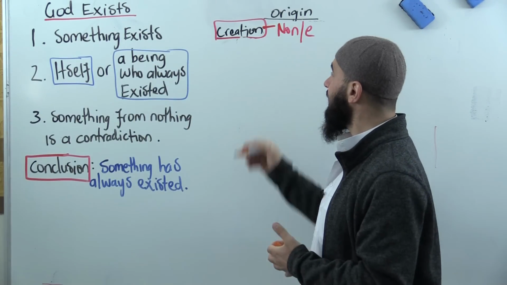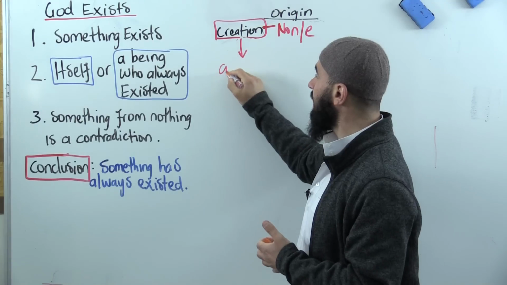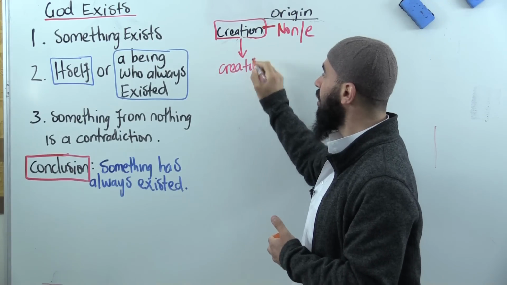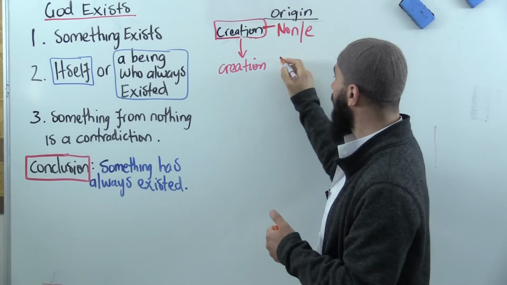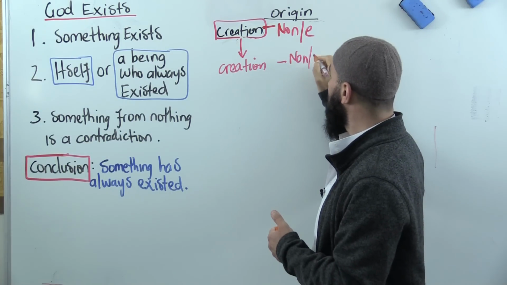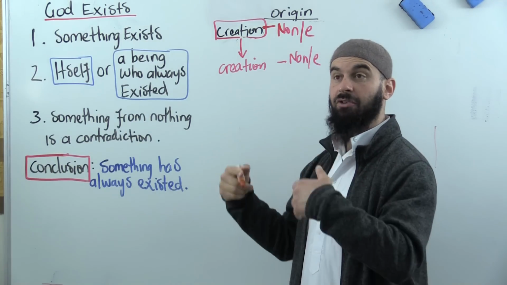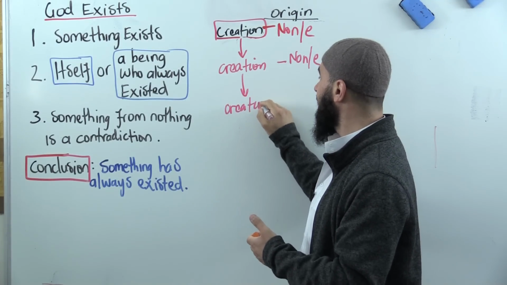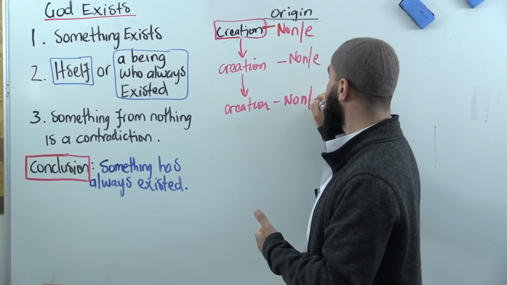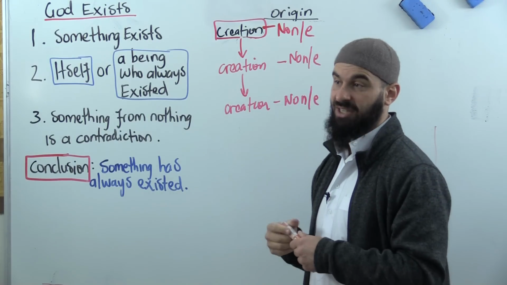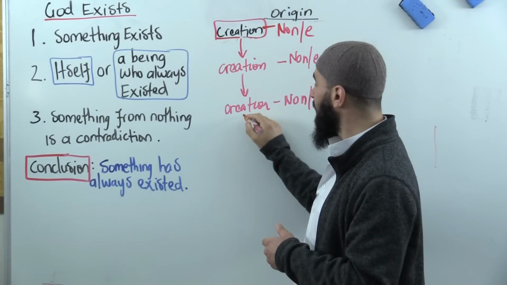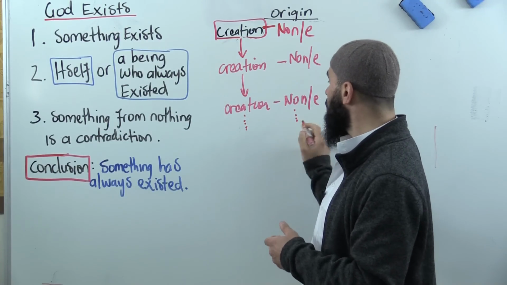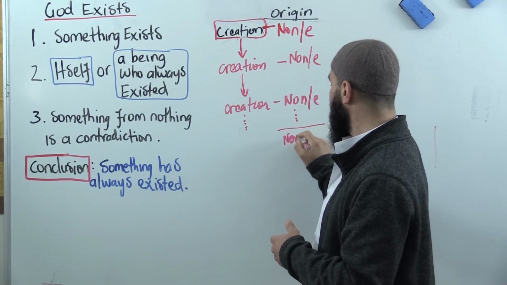Now if we said that creation relied upon another creation to exist, well, you have exactly the same thing, because the origin is still going to be non-existence. If that keeps going forever and ever and ever, all you will ever have is non-existence.